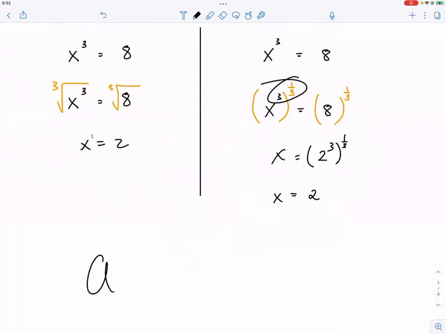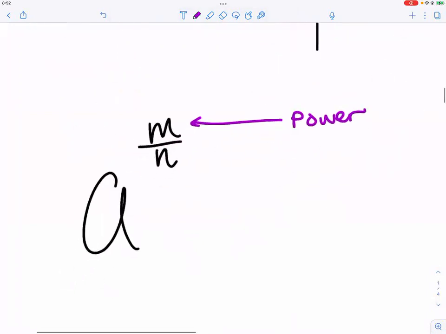If you have a to the m over n power, I want you to keep in mind that the numerator is the one that you have always been writing. That's a power. The denominator is your root. Okay? The denominator is your root.